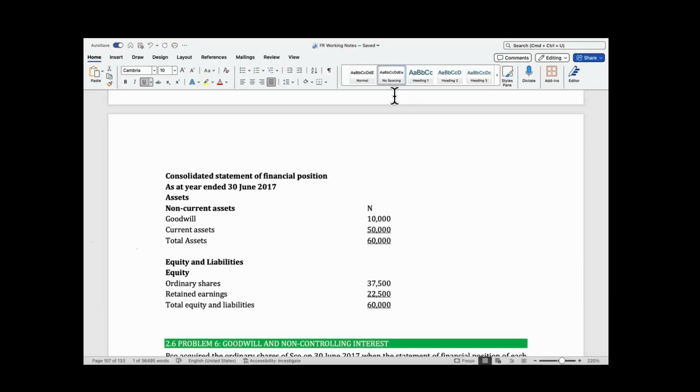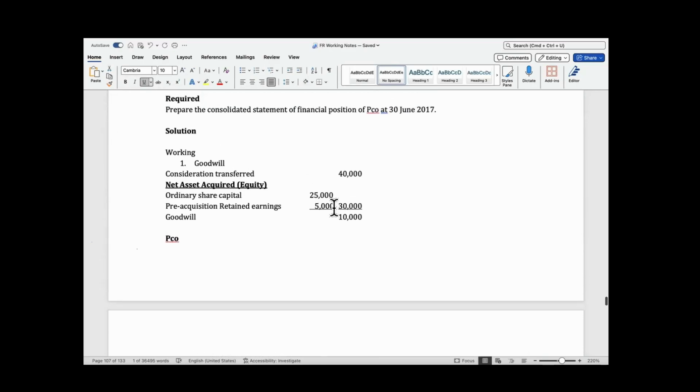Okay, let me allow you to go and rest. When we come back, we will move faster. I just wanted to get to this point to see goodwill. Every other thing is just repetition. We will be building on that. The principle still remains the same: cancellation. We are canceling out similar items. If what we are canceling out is out of balance, we'll explain the reason.